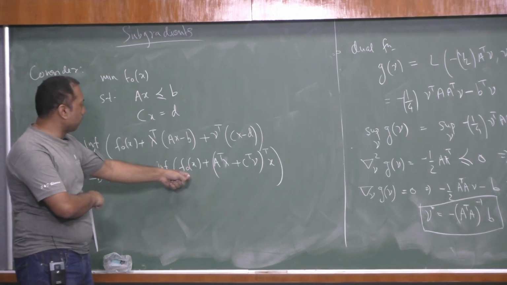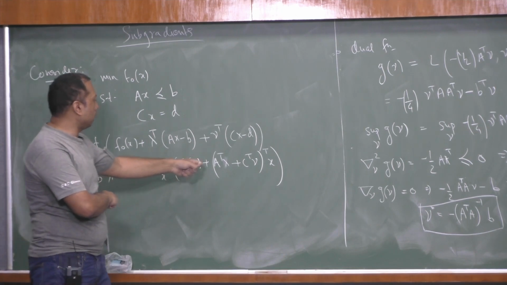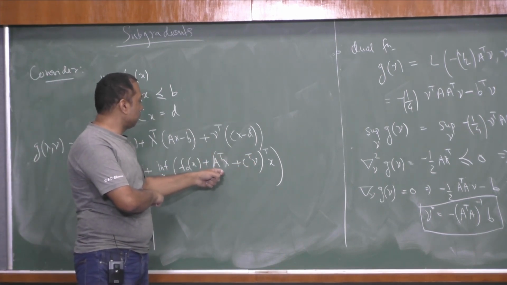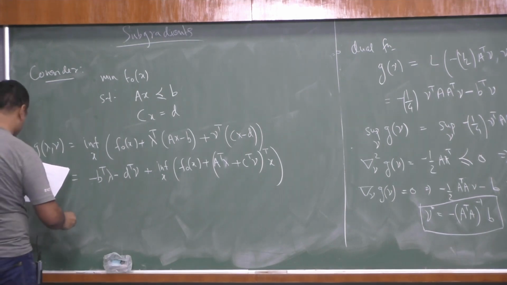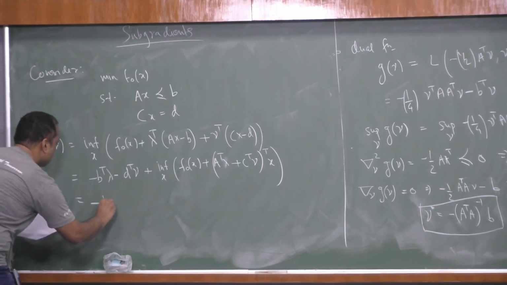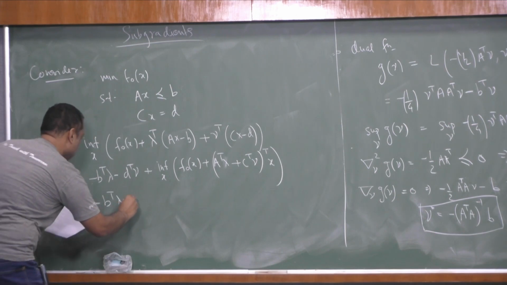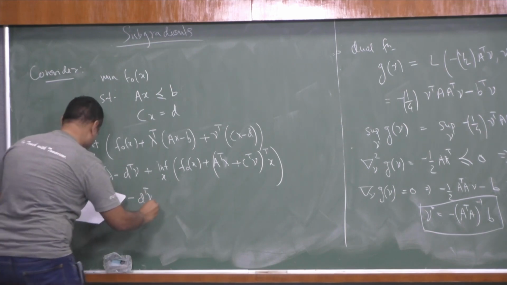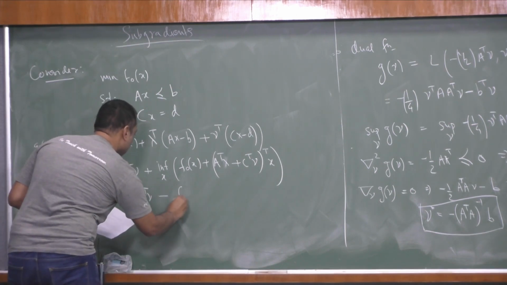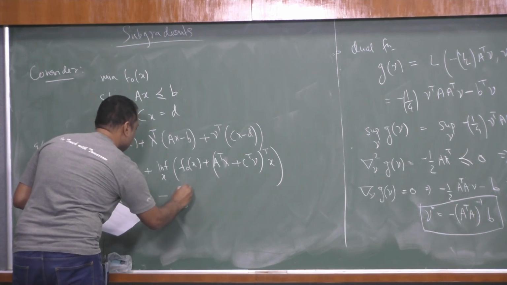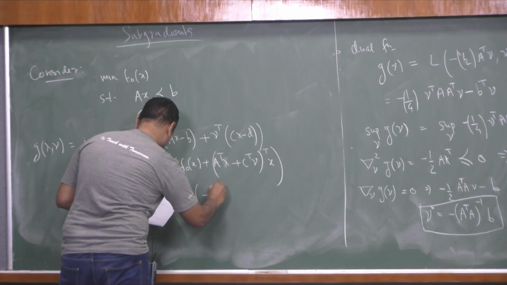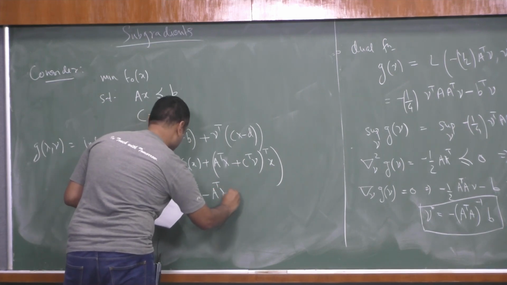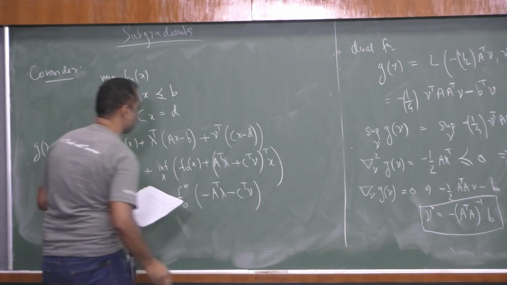So here I will have minus f naught x, and here I will have minus of this term, right? So if we do that, then it's straightforward now. So minus b transpose lambda minus d transpose nu, and this is minus f naught star of minus A transpose lambda minus C transpose nu.